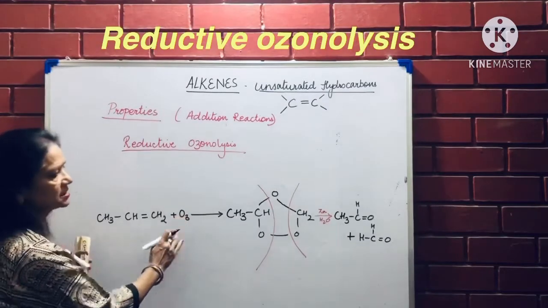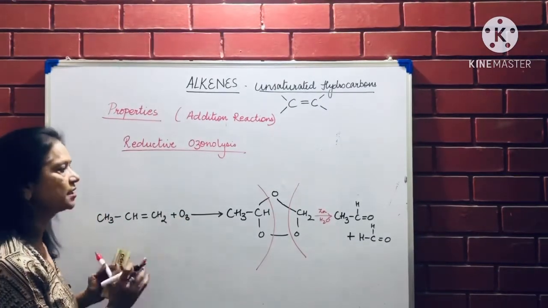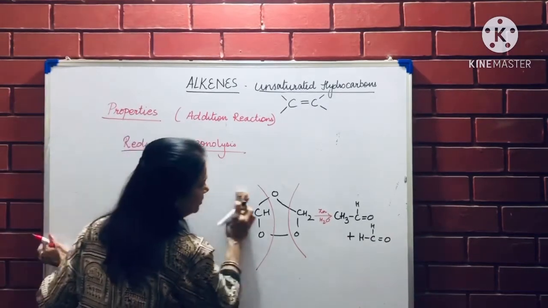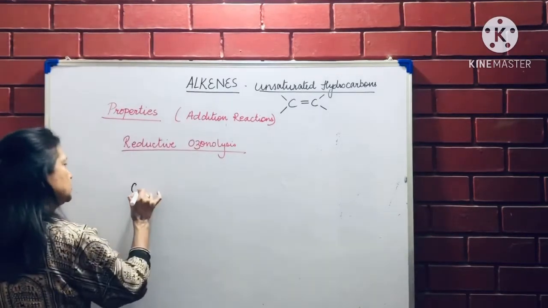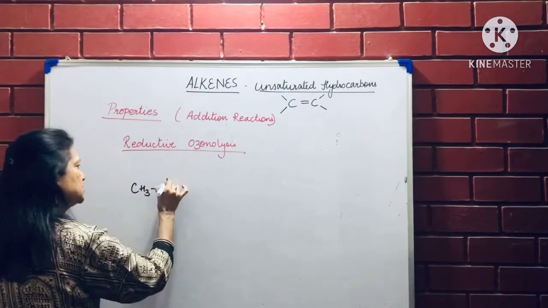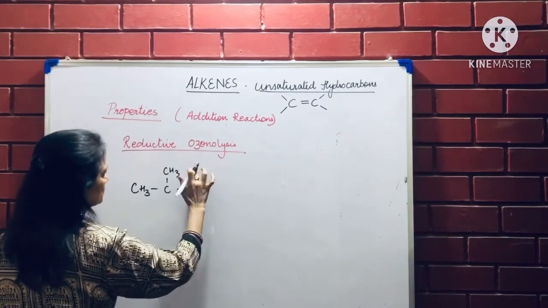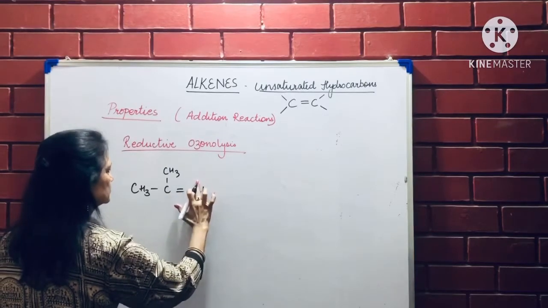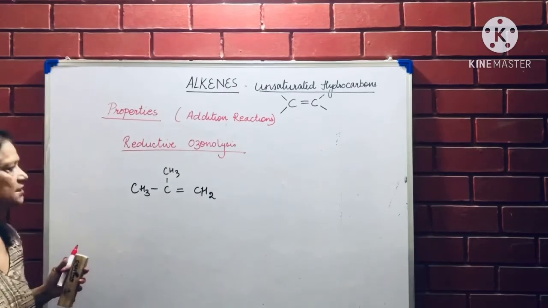When ozonolysis takes place, either aldehydes are formed in the end or ketones are formed in the end. Let me show you how a ketone will be formed. So my compound, supposing, is this. Supposing this is the compound.